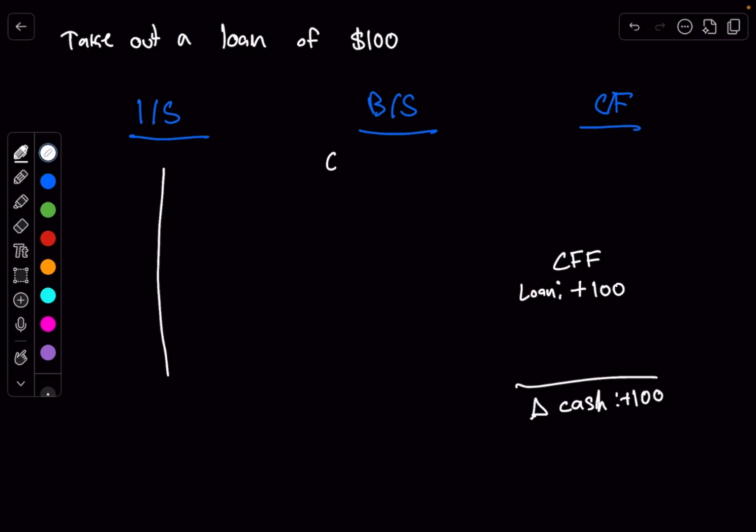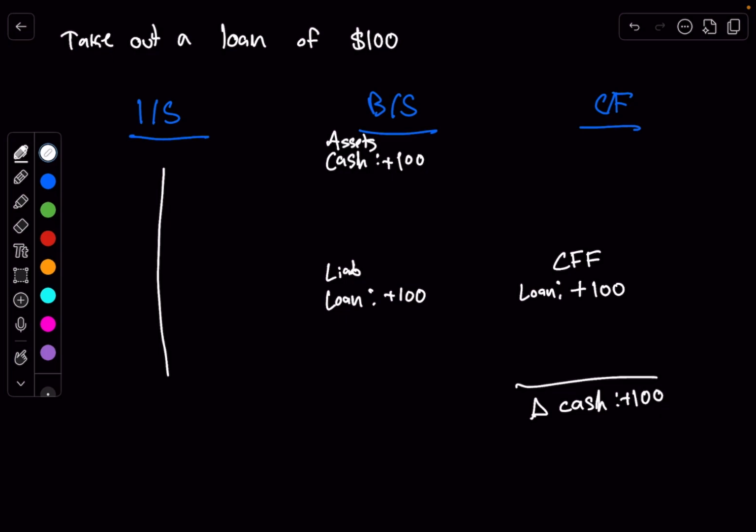Now we know on our balance sheet, we're going to have that additional 100 under assets. And we took out a loan, right? So it makes sense that our liabilities would also increase. So under our liabilities, we're going to have the full loan amount, right?